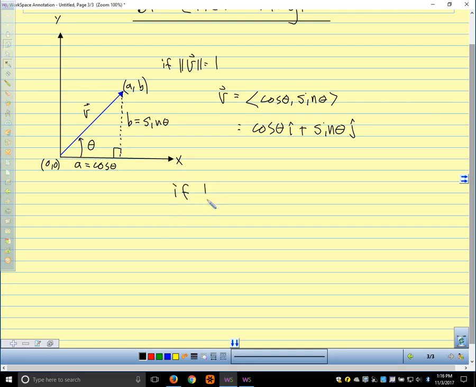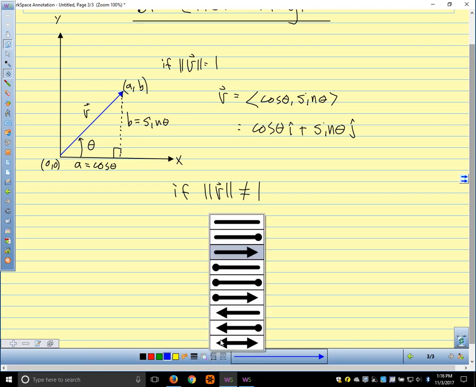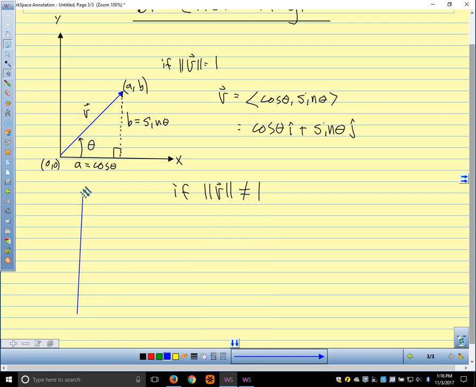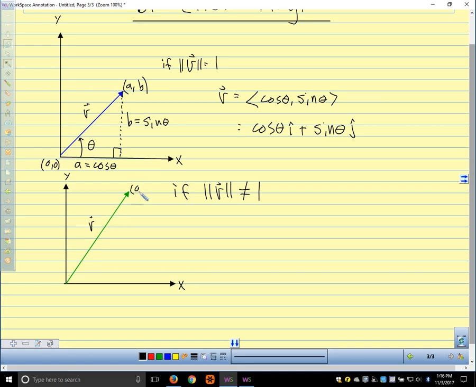If the magnitude of v is not 1, I'm going to draw a new set of axes and a new vector. And we're still in standard position here. There's y. And I'll do this vector green since its magnitude isn't 1. And the terminal point is still at (a, b).